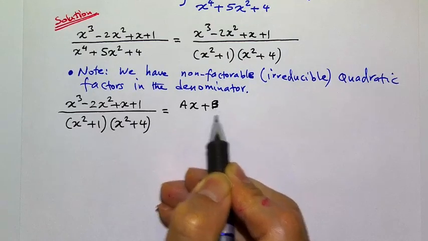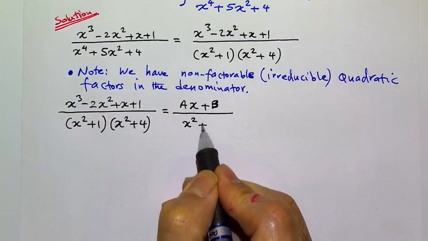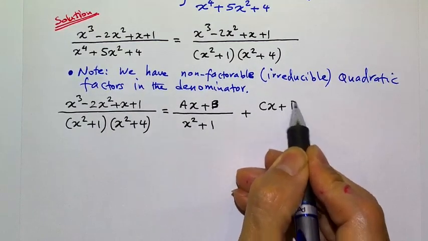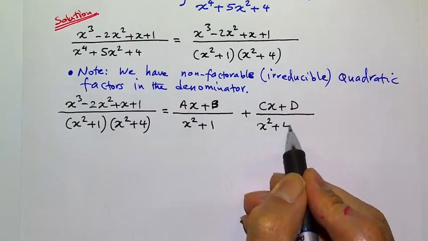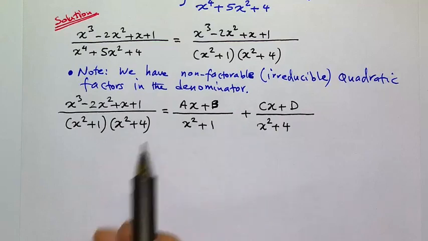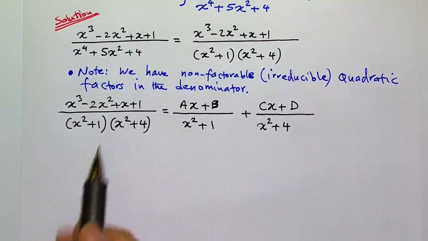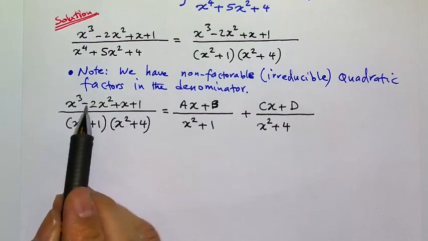Ax plus b divided by x squared plus 1 plus cx plus d divided by x squared plus 4. Once again, we multiply both sides by this denominator. What do we get on the left side? They cancel each other out. We get just that.